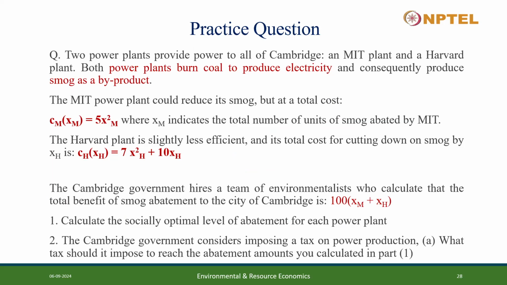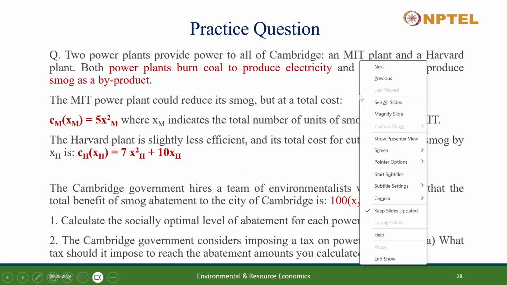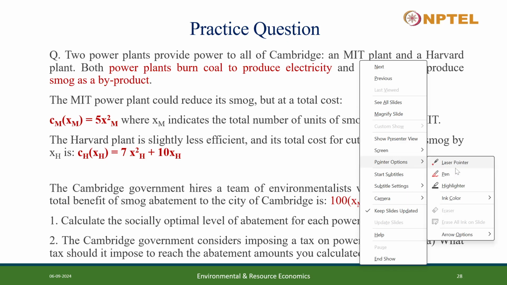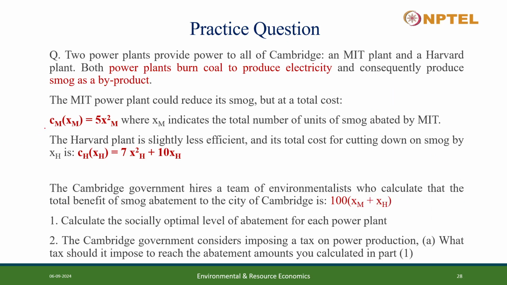So here, what we are given is the cost equation. Now we have to find the marginal abatement cost, MAC.